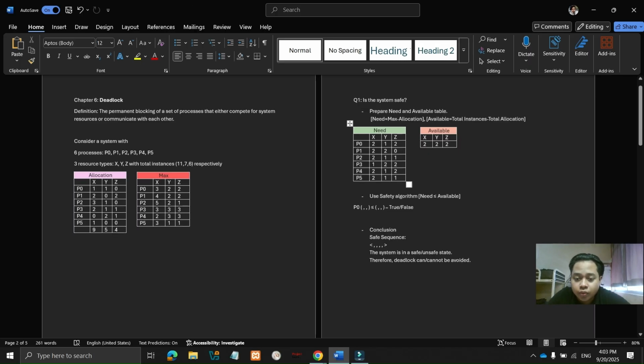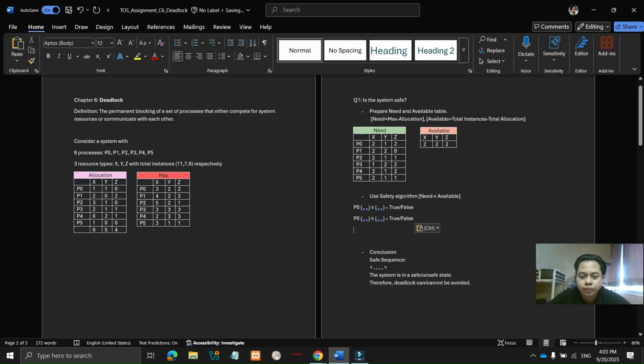Now to ensure whether it's safe or not, we start with the safety algorithm, which is need less than or equal to available. Start with P0. P0 needs 2 1 2. Available is 2 2 2.